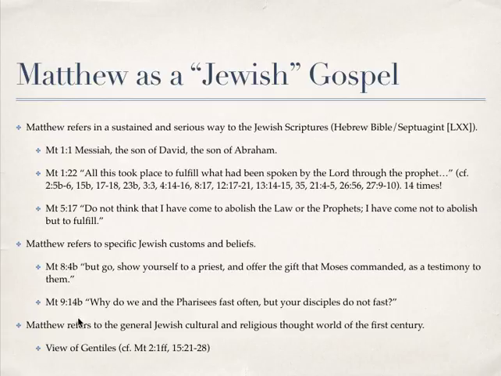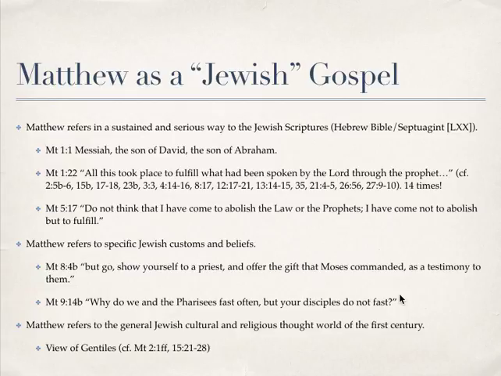There in the very next chapter, "Why do we and the Pharisees fast often, but your disciples do not fast?" Here, again, this custom of fasting, this belief in fasting, is taken for granted that a reader would even know what this means, because it doesn't quote any scripture, it doesn't give any rationale of belief of why fasting was important.